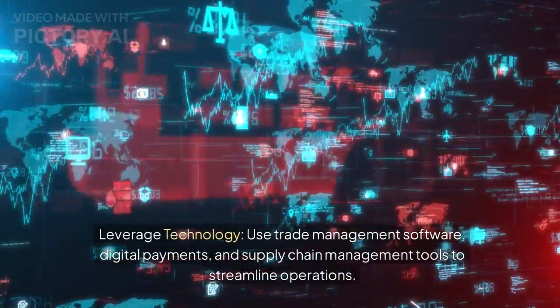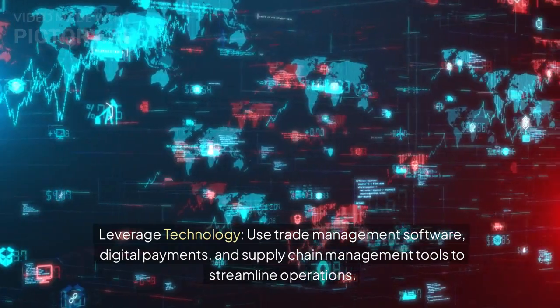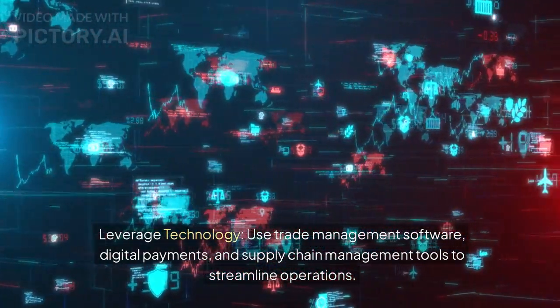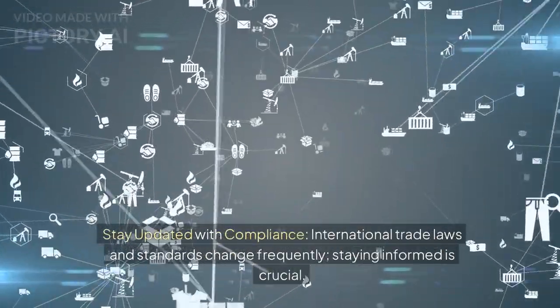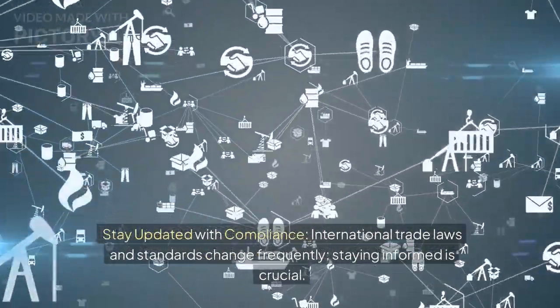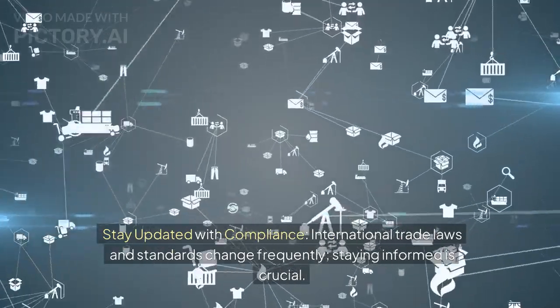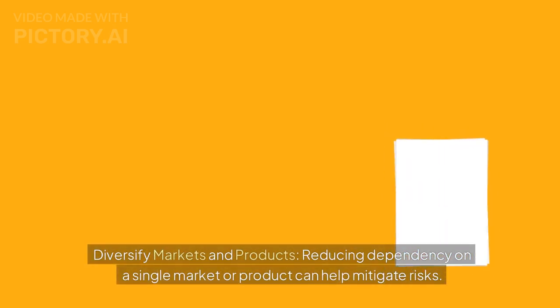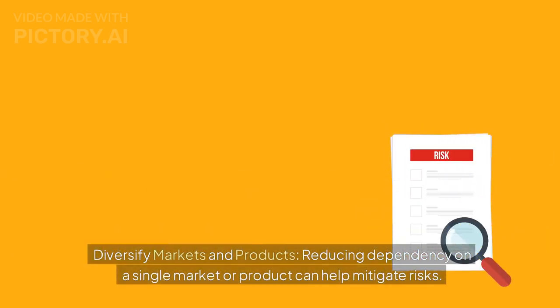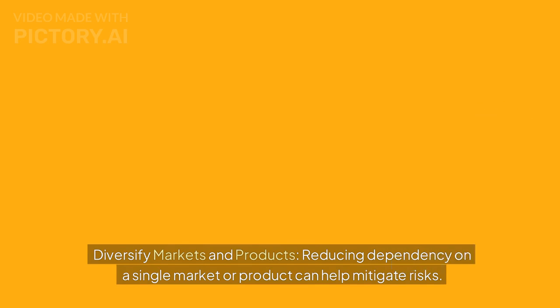Leverage technology: use trade management software, digital payments, and supply chain management tools to streamline operations. Stay updated with compliance: international trade laws and standards change frequently. Staying informed is crucial. Diversify markets and products: reducing dependency on a single market or product can help mitigate risks.